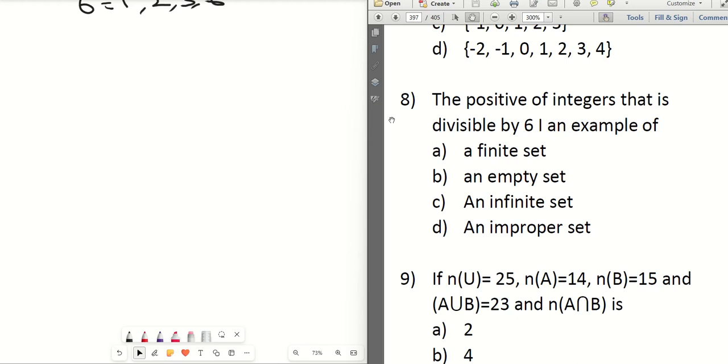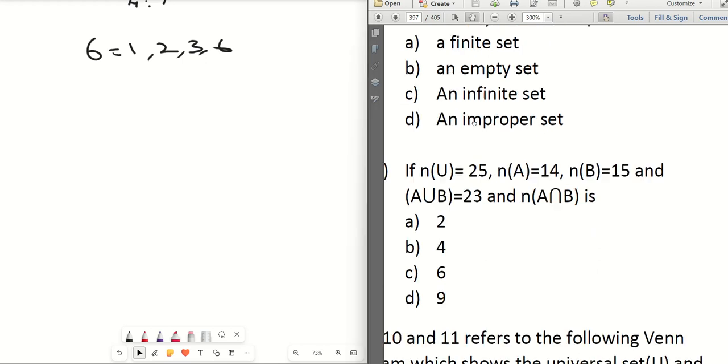So for number 8, the answer would be a finite set. Reason being, when they say positive integers that are divisible by 6, that means numbers that have the factors of 6, which are 1, 6, 2, 3. Because we could list them and count them, it cannot be an infinite set or an empty set. So the most logical answer is A.